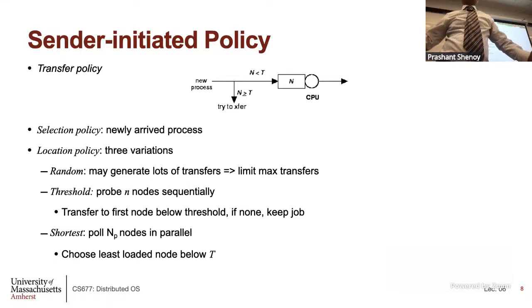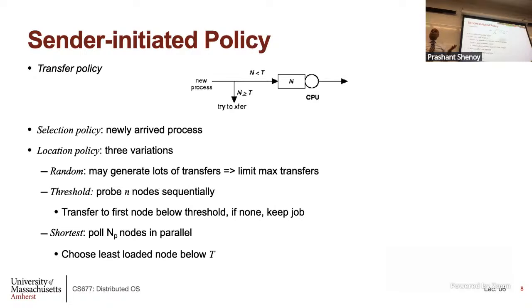It requires an OS to support something called process migration, which we haven't looked at yet, but I'll mention it in a couple of slides. To move a running process is much harder than if I just typed a Python command on my terminal, and I just take that command and execute it somewhere else. Much simpler than actually taking a process and moving it. So selection policy says whenever the load goes above threshold T, pick a newly arrived process and move it.